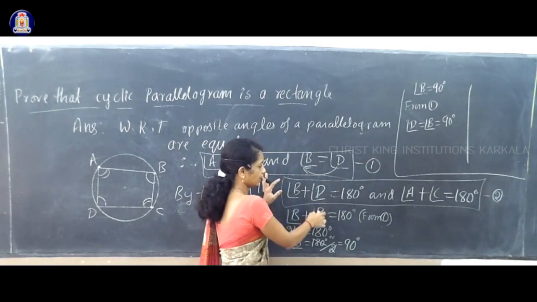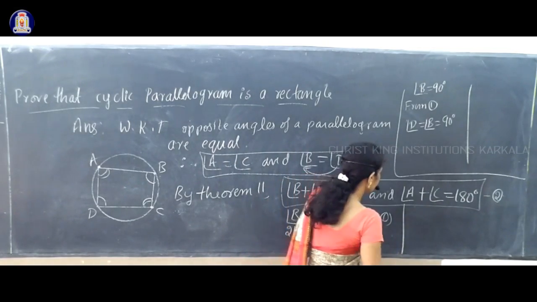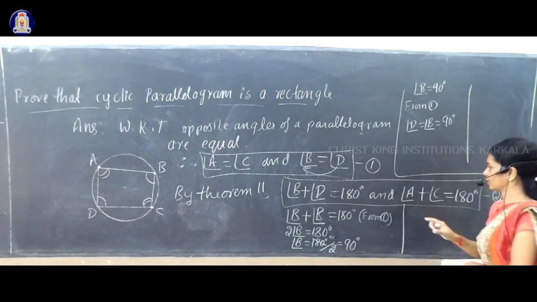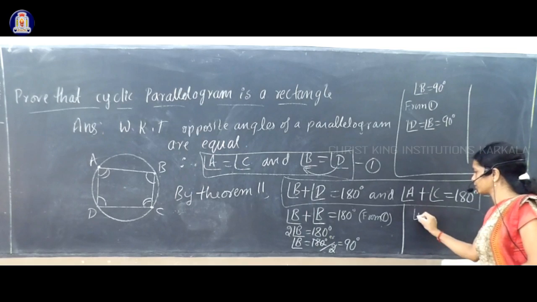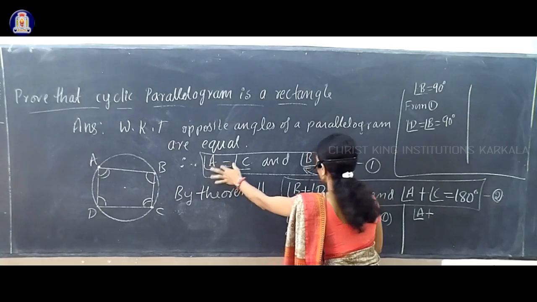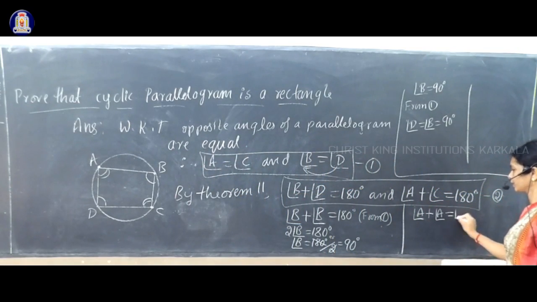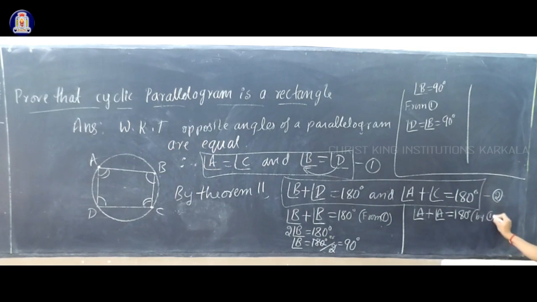From 1 we replace angle D by angle B. Next, continue in the same way. Angle A I'll keep as it is, and angle C I'll replace by angle A using equation 1. Angle C's place we replace by angle A using equation 1.